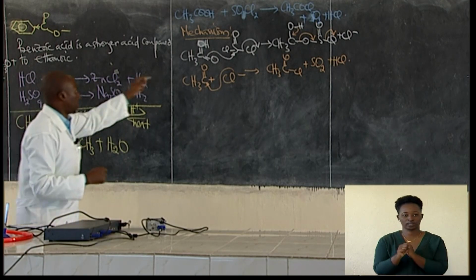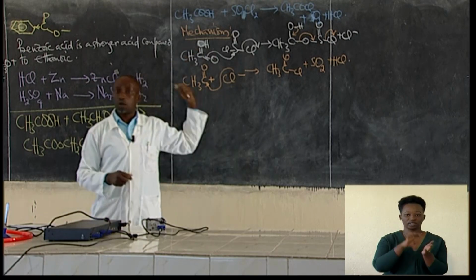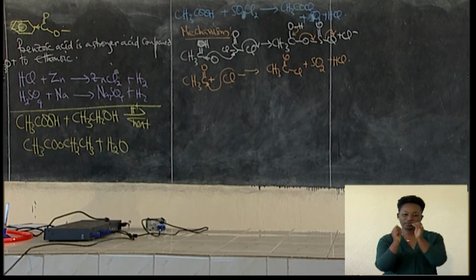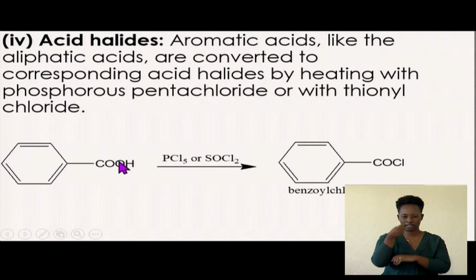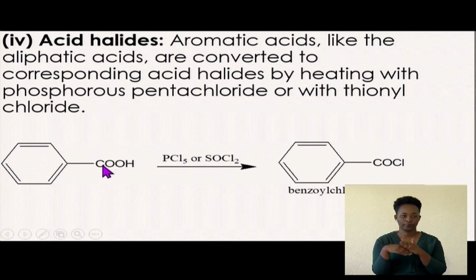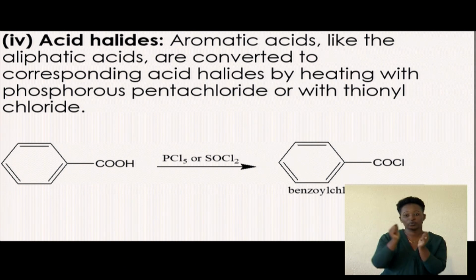So if I'm not using ethanoic acid, that means I'm replacing ethanoic acid with benzoic acid. So the reaction takes place. These are side chain reactions. So it is taking place on this carboxylic acid. The same thing happens over there with the benzoic acid. So if you are talking about phosphorus pentachloride, that's an example.